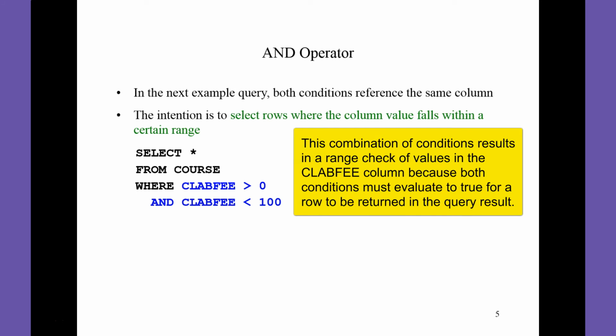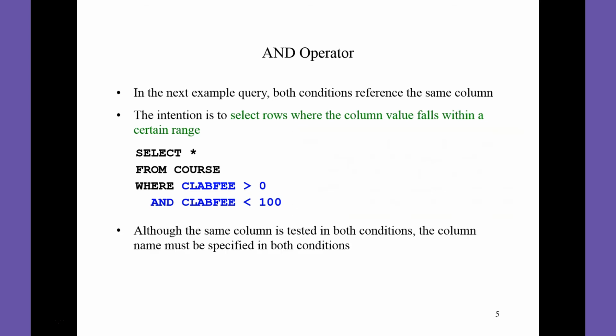First, the lab fee of a course must be greater than 0. The second condition says that the lab fee must also be less than 100. Note that although we're using the same column in both conditions, the column name must be specified in both cases.